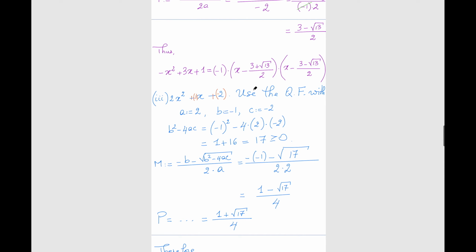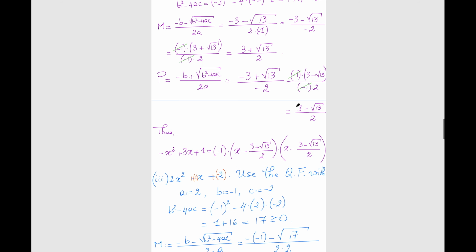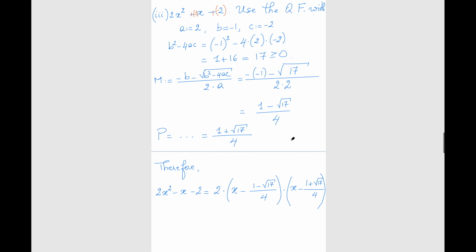So if you would like this to be 0, that's the same as saying that you want this product to be 0, which means you want x to be 3 plus square root of 13 over 2, or x to be 3 minus square root of 13 over 2. These are the P and M guys, right?